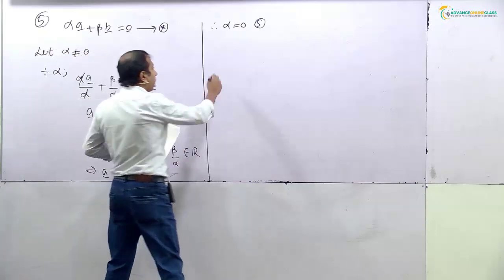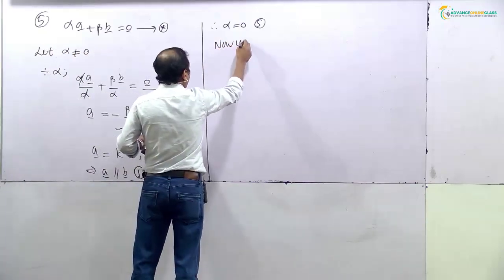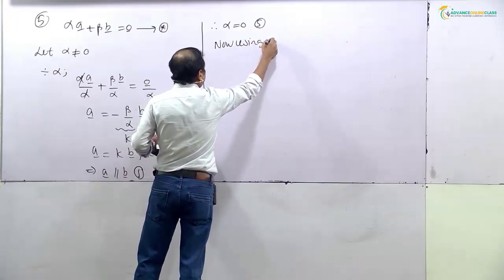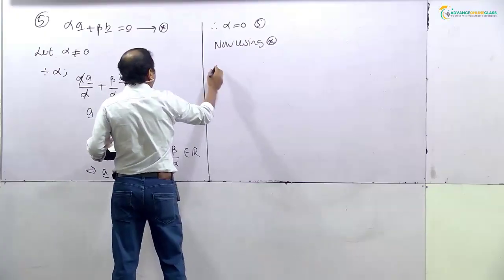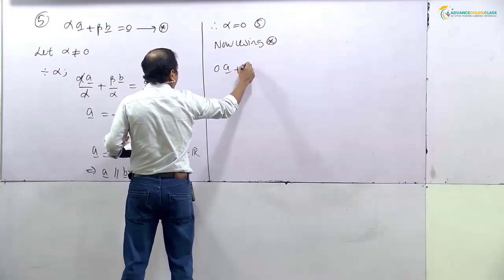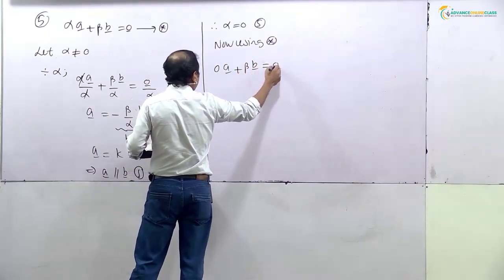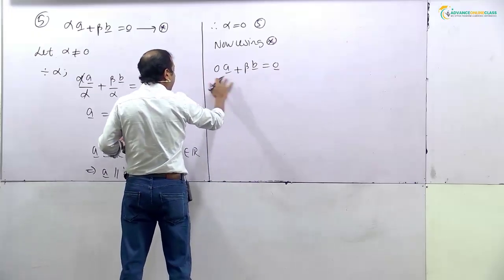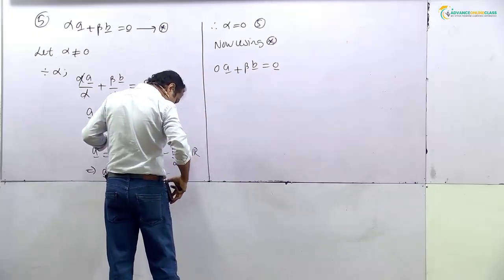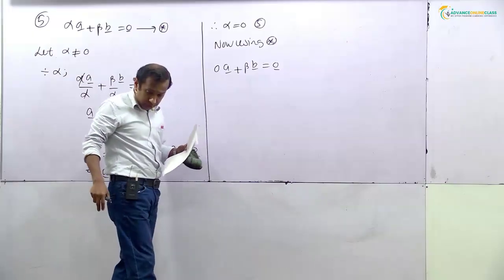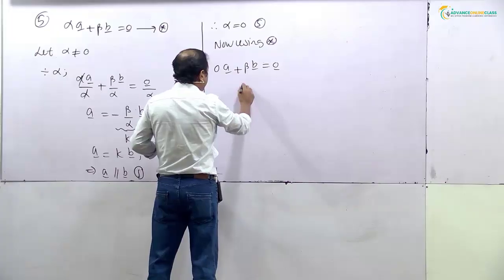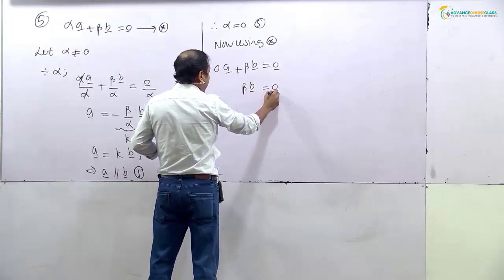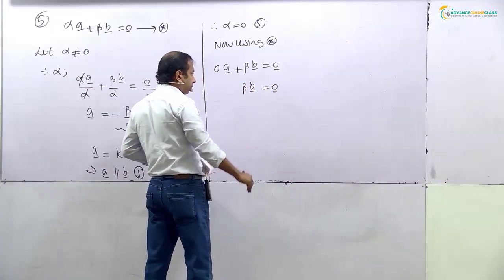Now using star, put alpha 0 here: 0 into A plus beta B equals 0 vector. Then beta B is the 0 vector.